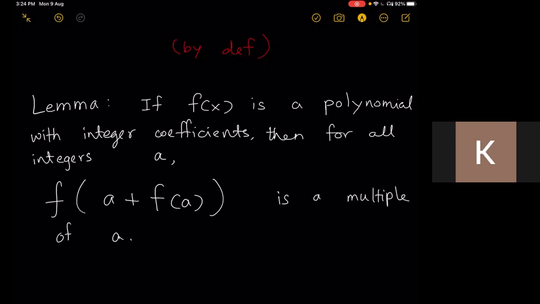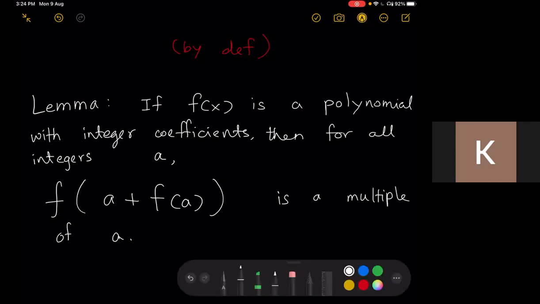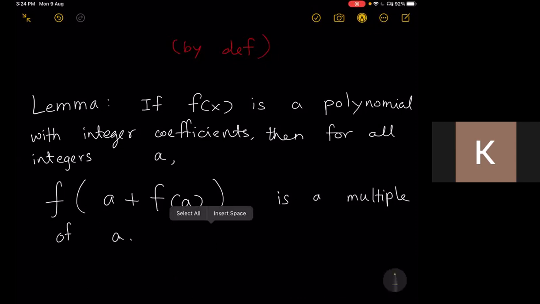This is a lemma which we used in this question. Here f of u was p. So that's why we used f of u plus p, u plus 2p and so on.